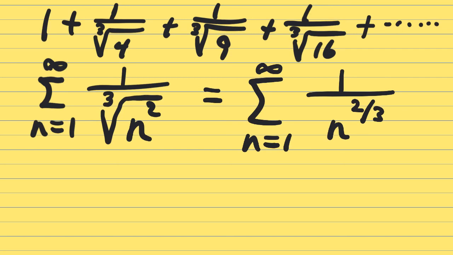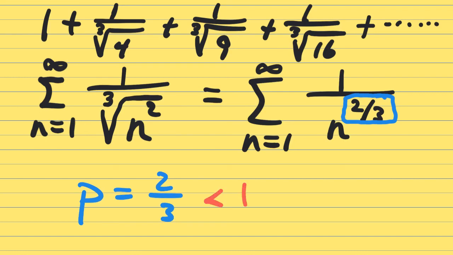Okay, now in our last example, the power was greater than 1 and it converged. But this time our power is 2/3, which is less than 1. Now if it's less than 1, also remember greater than 0. So we do have a power of 2/3.